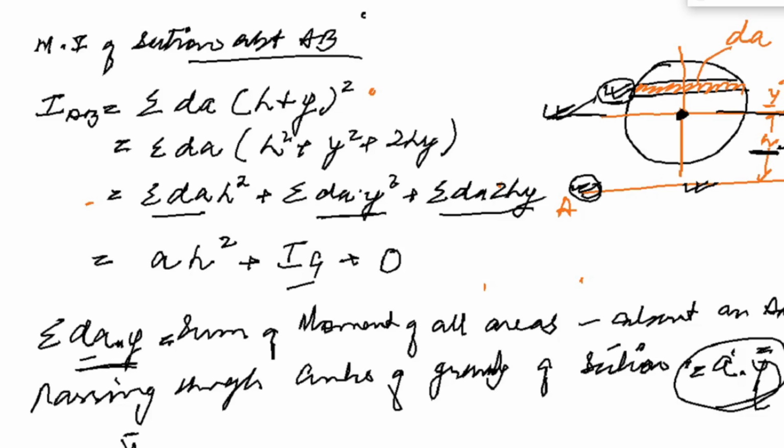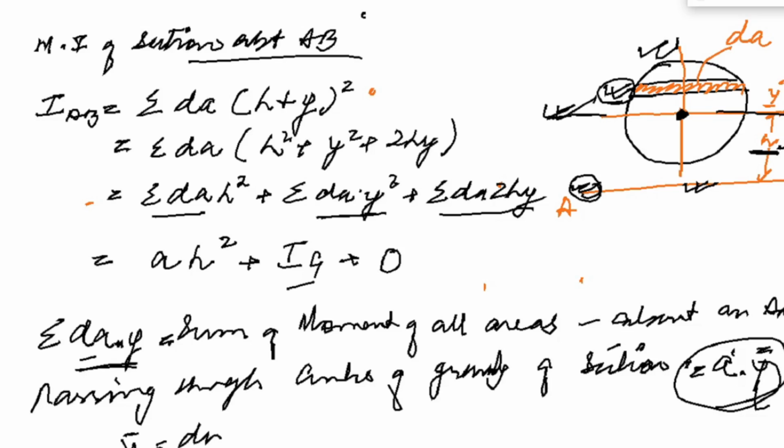Actually, it is the distance between this whole section and the axis passing through the center of gravity. That is the same, therefore it comes out to be zero. Here y bar which we are talking about, which distance is it?